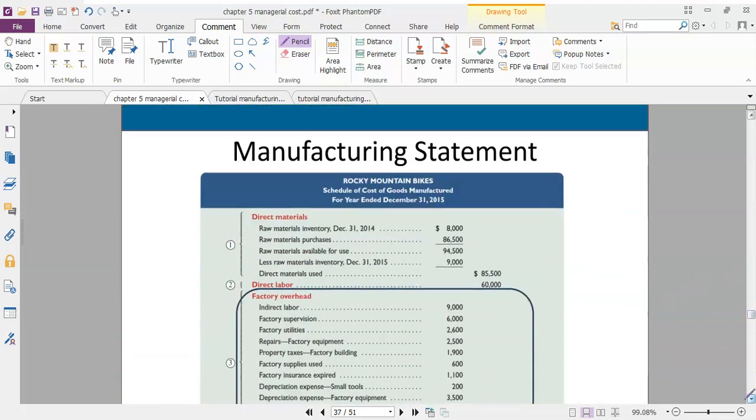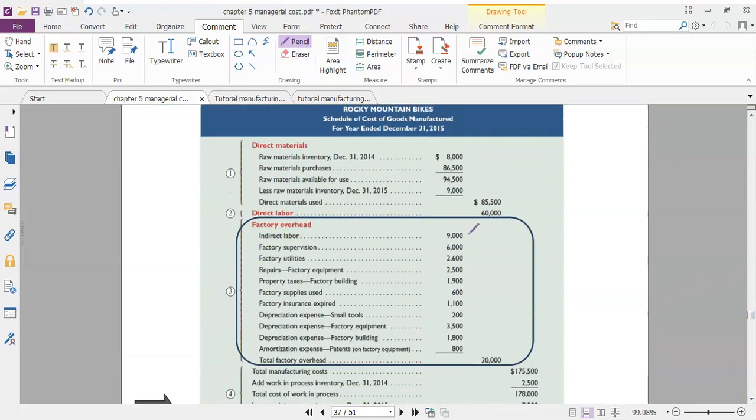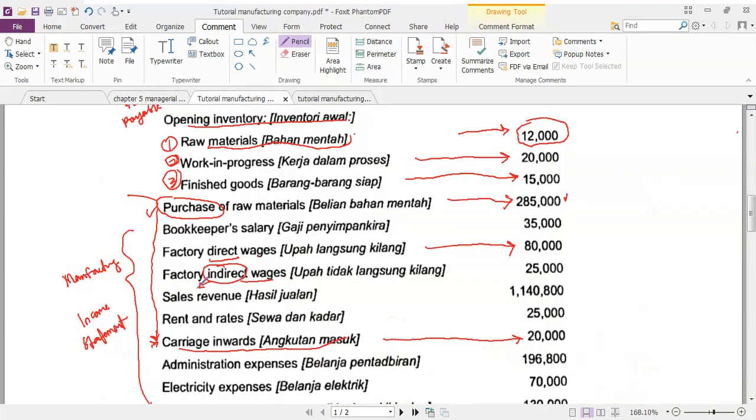And then look, what does it ask us to do? Include factory overhead. So if you notice here, in the example, all these things are factory overhead. For example, depreciation of factory building is also factory overhead. Depreciation expenses for factory equipment, also factory overhead. So all expenses regarding the factory, we should add inside the factory overhead.